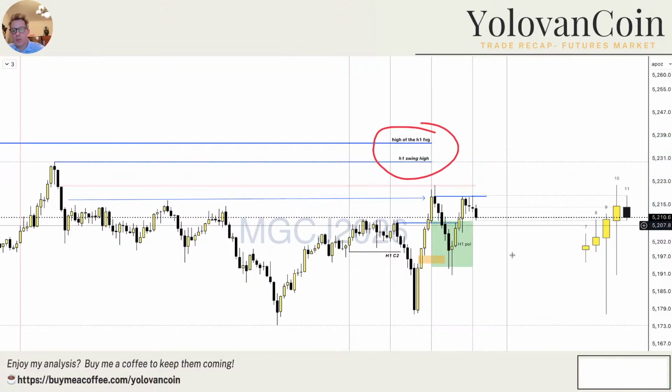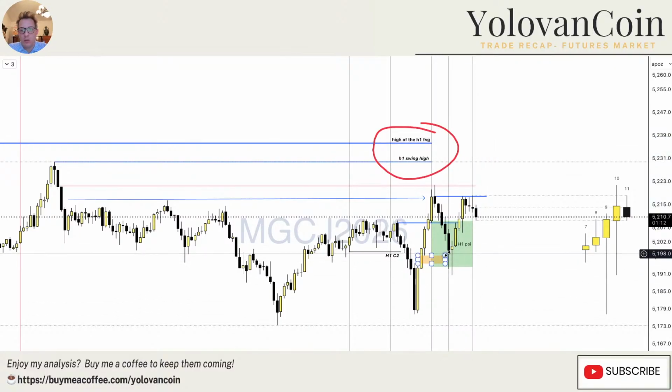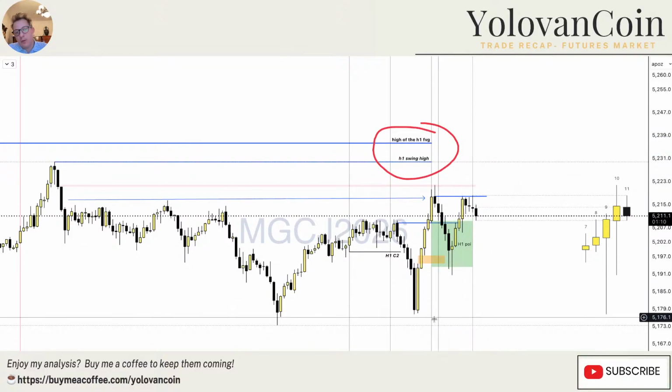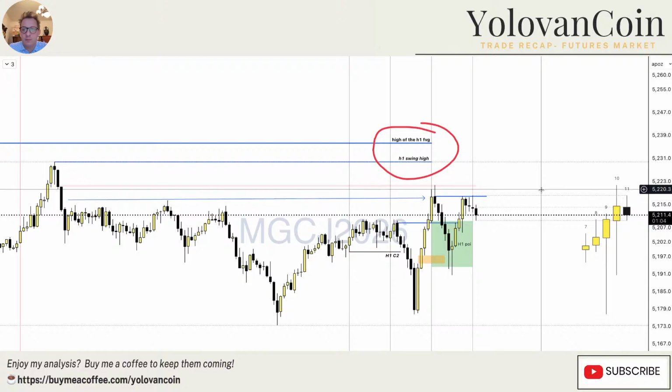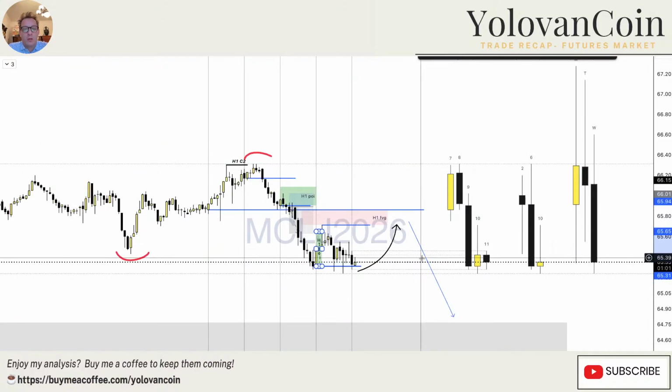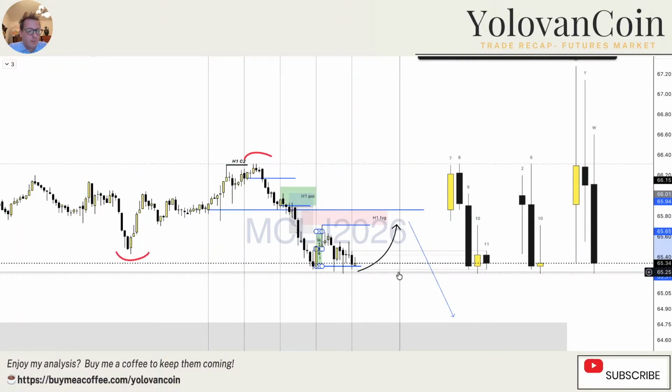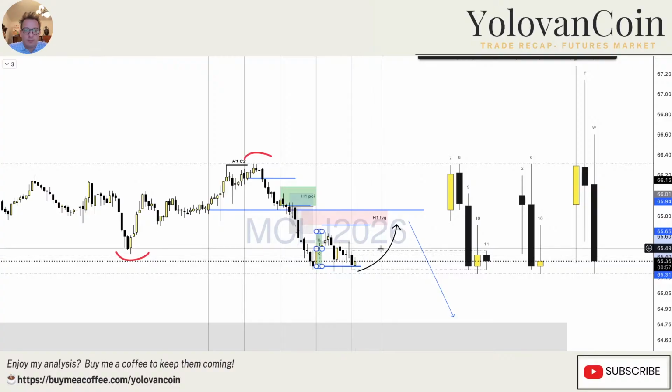I hope nobody took a trade or long from this fair value gap. Put your stop loss here based on ICT because this is not ideal right now. Crude oil is just ranging.